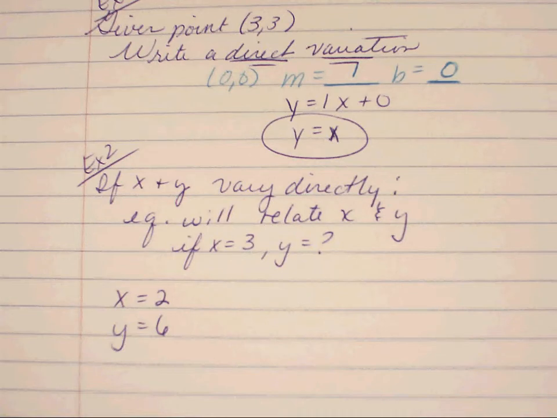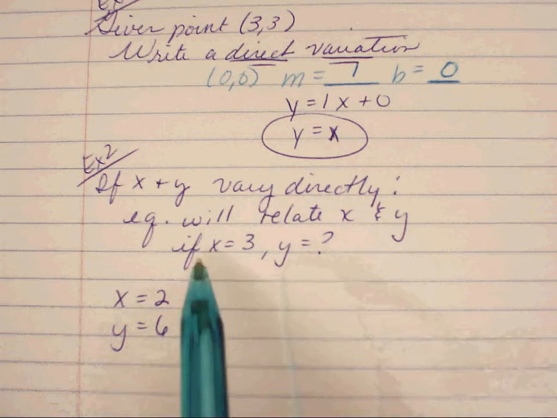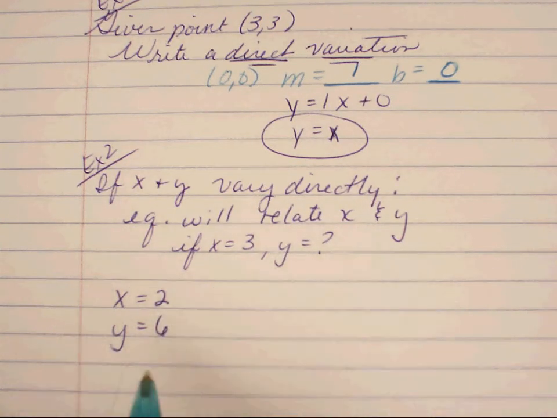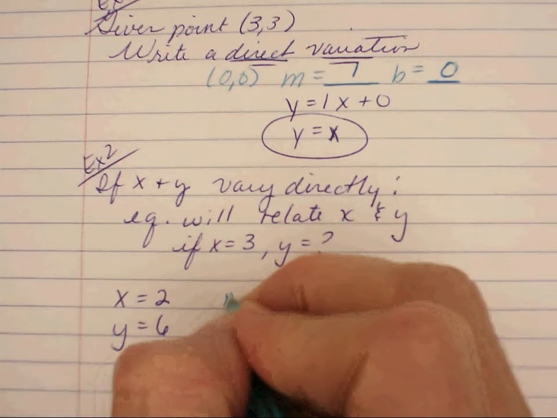If x is originally 3 and we want to know what y is when x is 3, we have to go back to the original. X was 2 and y was 6, given in the problem. For a moment, we're ignoring this because what do we have to do with this part first?